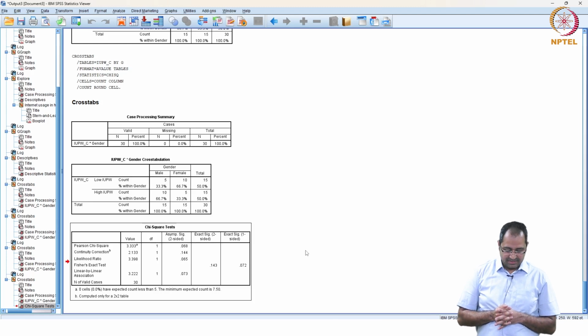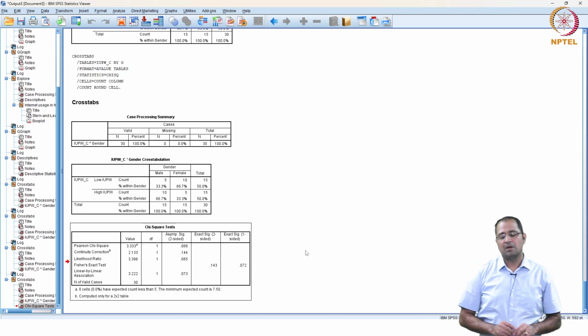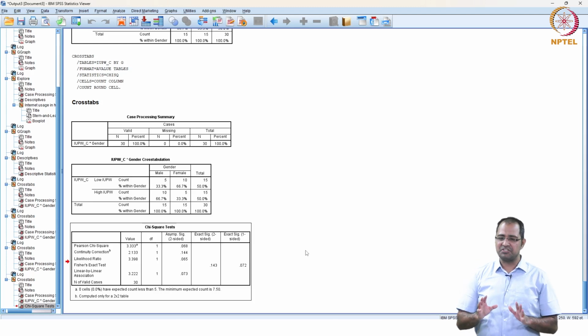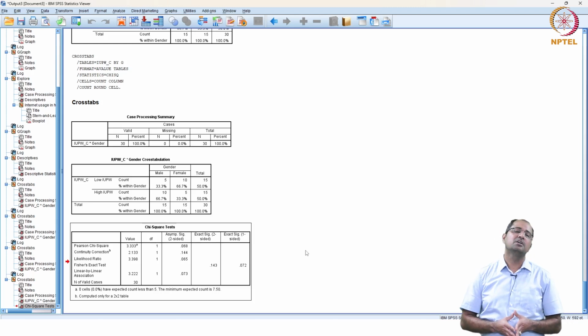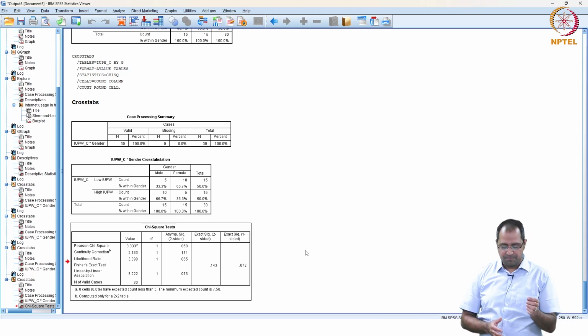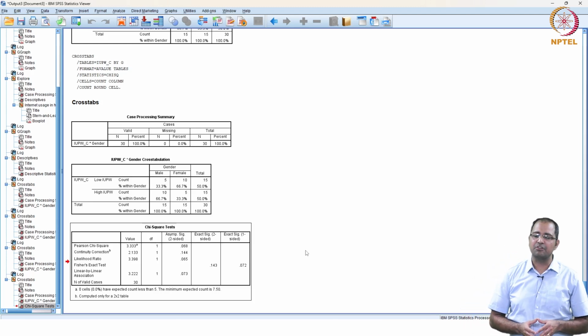The continuity correction is given through two-sided tests. Can you please explain again what exactly it does? So continuity correction is not within the scope of this course as a mathematical formulation, but it corrects the Pearson chi-square, which has a little bit of incorrectness in the case of a 2 cross 2 matrix.